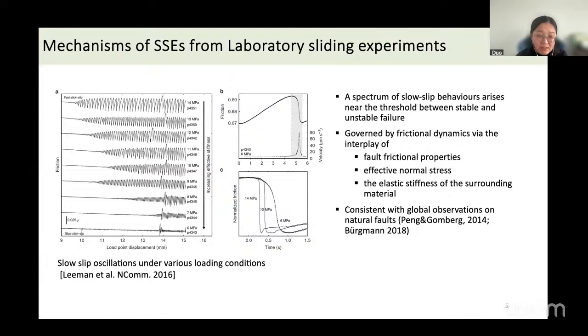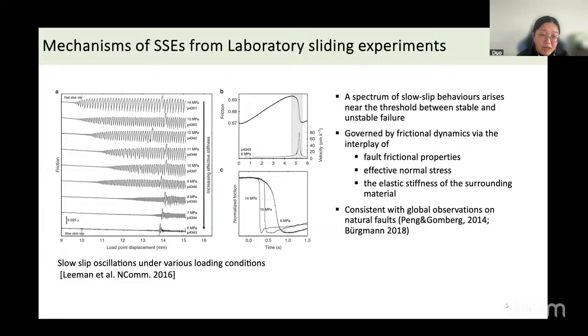The other observations we can use to understand the behavior of slow slip come from laboratory experiments. In the lab, they can do continuous loading experiments on rock samples, and when they record the friction coefficient change on the fault, we can see an oscillation behavior, like the figure on the left.